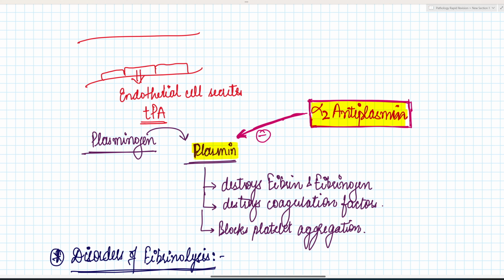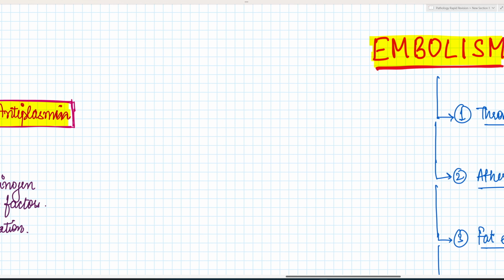Plasminogen is a protein molecule synthesized by the liver, and TPA released by endothelial cells converts it into plasmin, which is the active form, and it destroys fibrin and fibrinogen, destroys coagulation factors, and blocks platelet aggregation. Therefore, it prevents formation of primary and secondary hemostatic plugs altogether. So let's go back now.